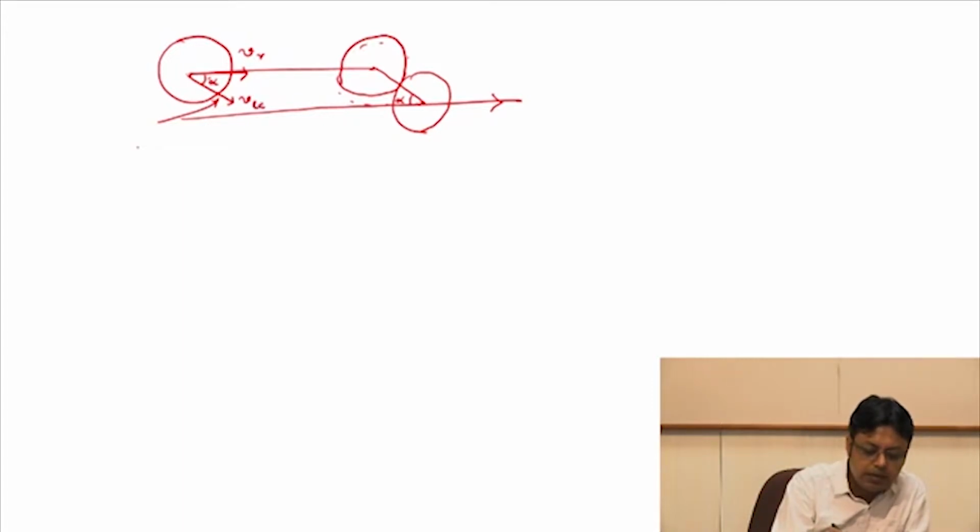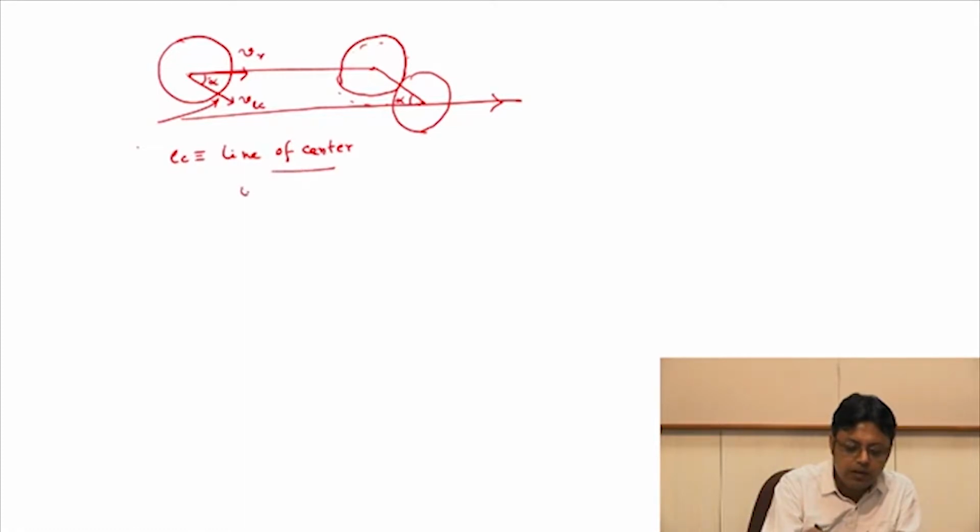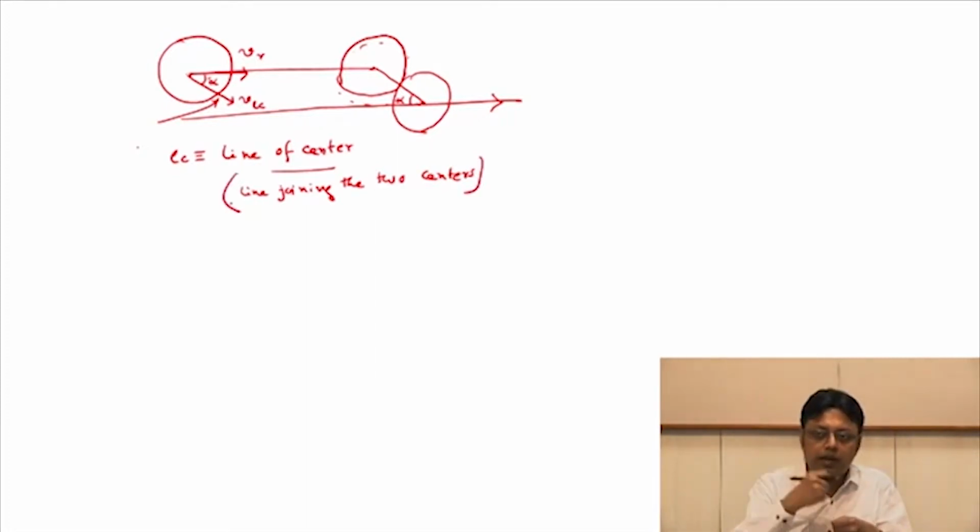LC means line of center. So VLC is the component of the velocity along the line of center, a line joining the two centers. There the energy will be transferred.